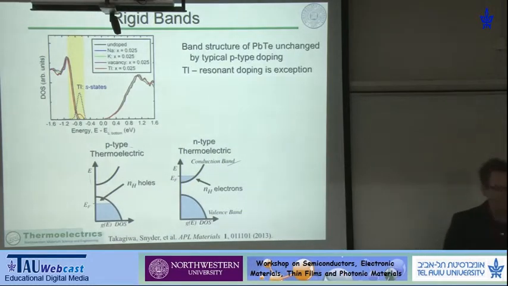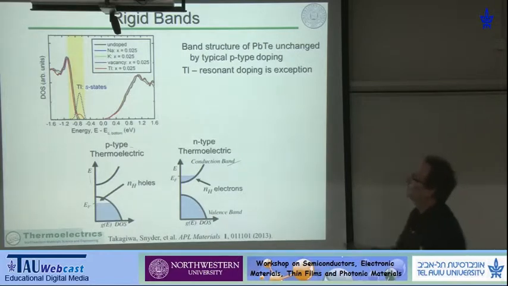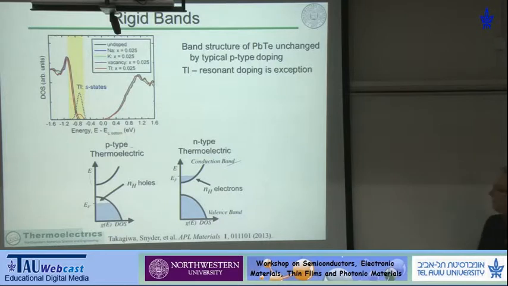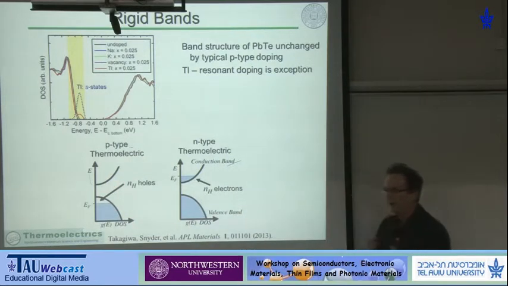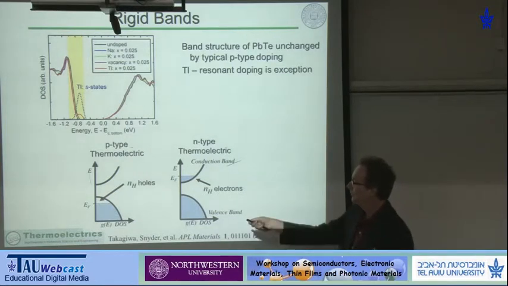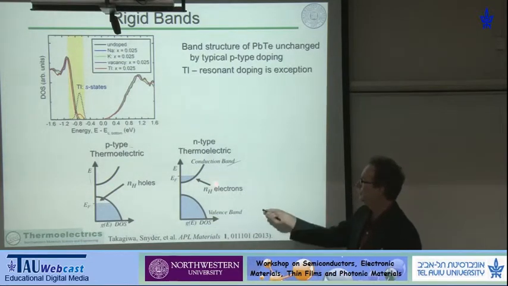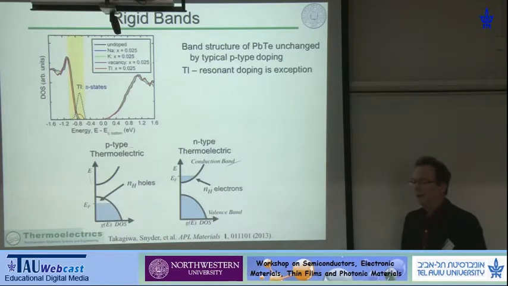Okay, so one of the simple principles that we use in our heavily doped semiconductor is the concept of rigid band doping. So we think of our thermoelectrics as having a valence band and a conduction band and a valence band that doesn't move depending on our extrinsic dopants, and we can dope them hole type or electron type.